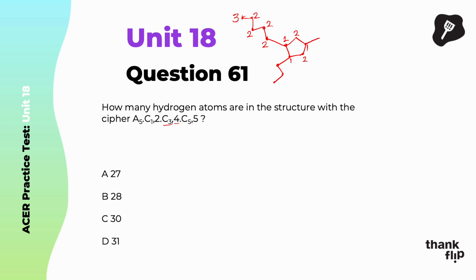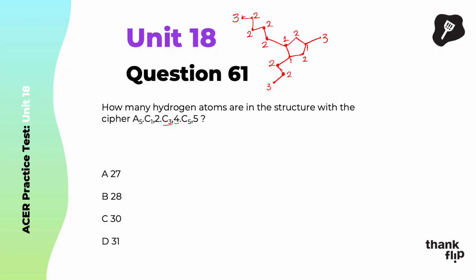What I'm doing is counting the number of bonds already attached to that carbon and doing 4 minus that number. For example, over here, there's 2 bonds already attached to this carbon. So out of 4, there's 2 more remaining that are going to attach to hydrogens. So putting a 2 here, and a 3 here, because 4 minus 1 is 3. And over here, we're also going to have a 3.